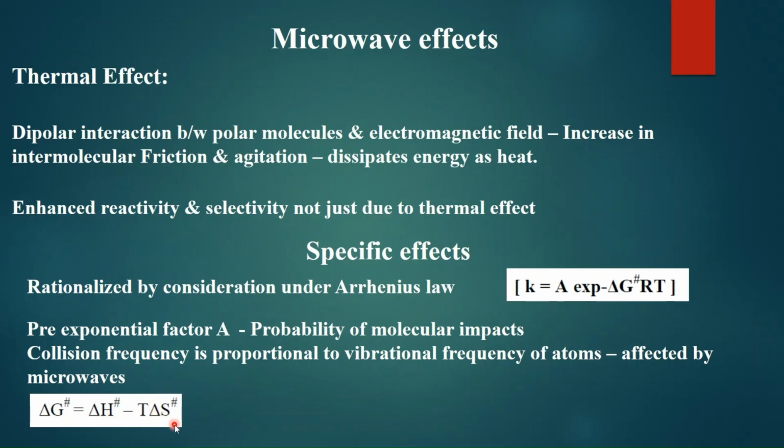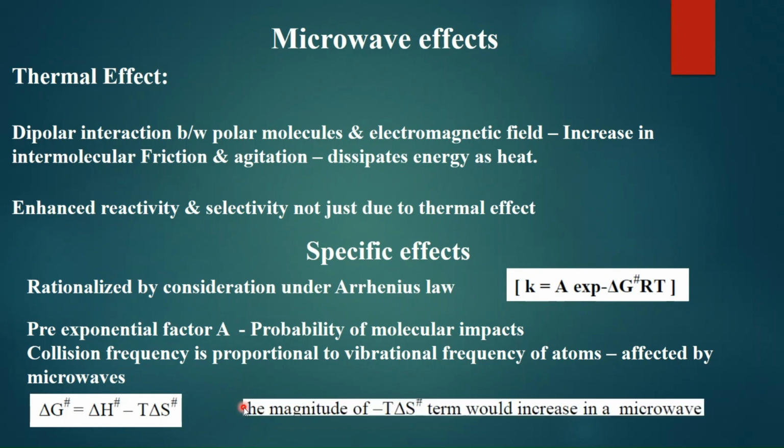Delta S represents the entropy of the reaction. Another factor which is affected by microwaves is T delta S. Optimizing T delta S and the degree of impact, these factors affect the reactivity and selectivity.